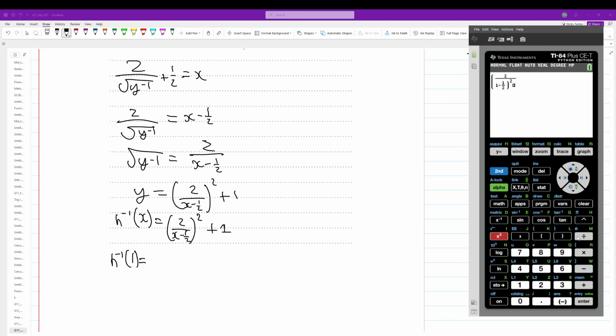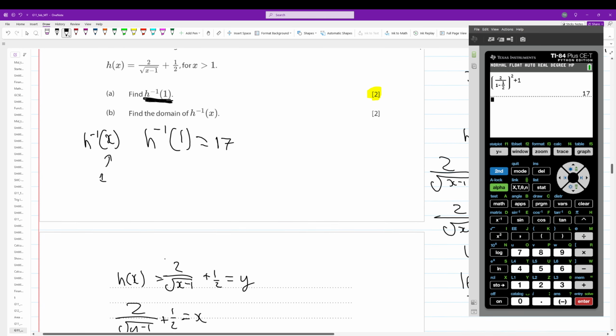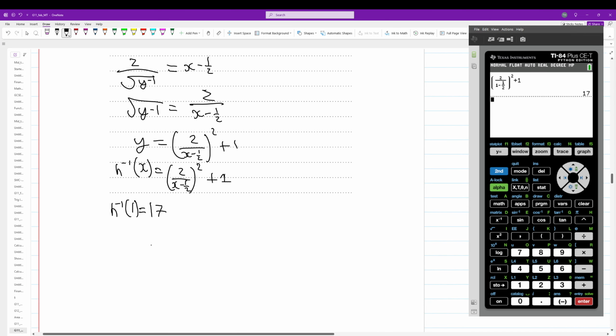Oh, I've got my squares in the wrong place. 2 over 1 take away a half, squared, add 1, gives me 17. Same number, way more effort. Is it worth it? No.